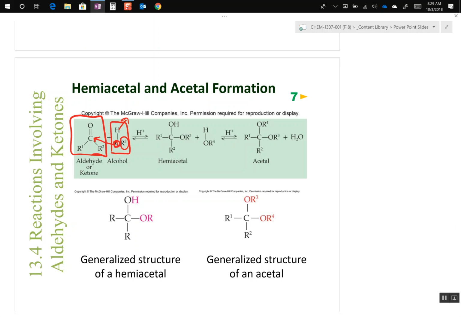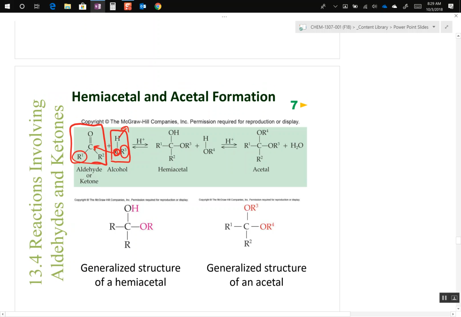Okay? So, you can see here I started out with R1, R2, and now I have OR3. Is everybody following that? Where did the OR3 come from? Came from the alcohol, right? So the alcohol, the OR3, is going to attach to that carbon. Okay? And now you have what's called a hemiacetal. That's what we refer to as a hemiacetal.